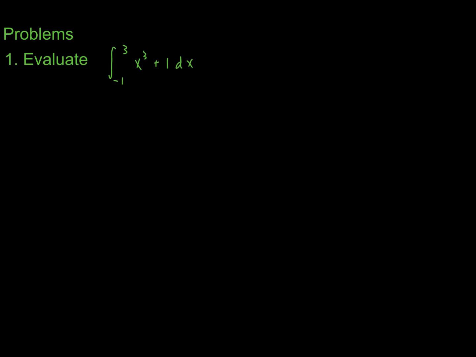All right, if I look at my fundamental theorem, I can see I need to find the antiderivative of this function here. So if you haven't already, go ahead and find one. All right, so I wanted to show a little bit of work, and you might be able to do this in your head, to find the antiderivative of x cubed plus 1.